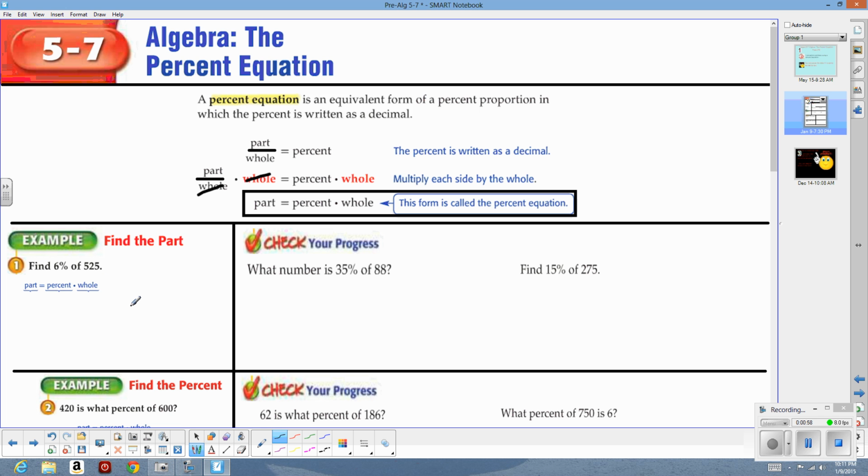So our first example, where we're trying to find the part, says find 6% of 525.